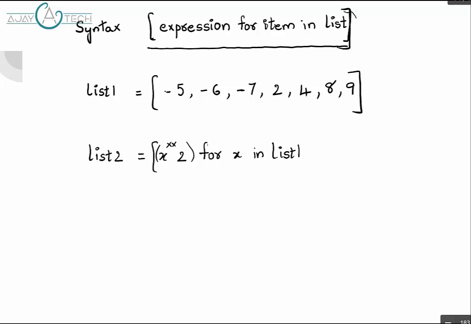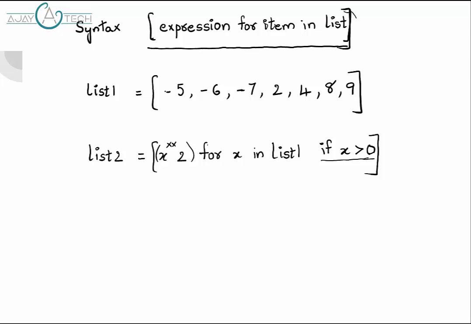And I want to put a condition that only if the element is greater than 0 in list 1, then only square the element. So the statement would be if x greater than 0. So this particular statement checks for the elements where it is greater than 0. Only if it is greater than 0, it is squared and then included in the new list.